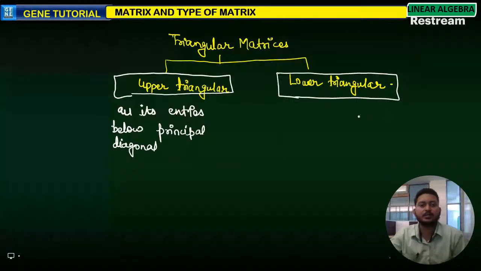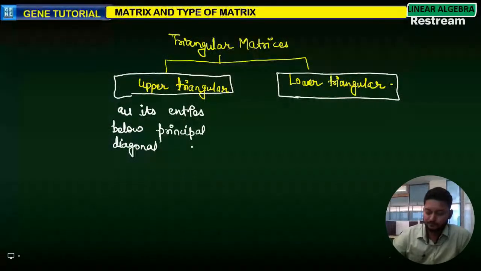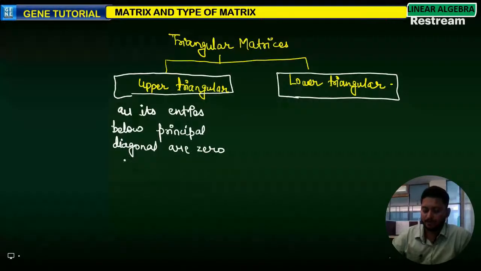So upper triangular is where all its entries below the principal diagonal are zero.